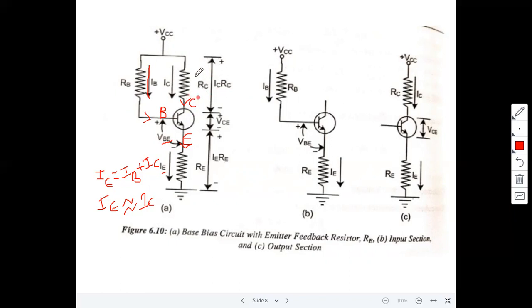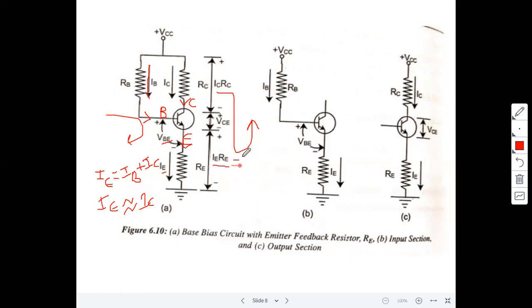The drop across the RC resistor is IC into RC. Then there is another junction voltage, VCE. This is about the output side, and this is about the input side. Across the emitter resistor is IE into RE.